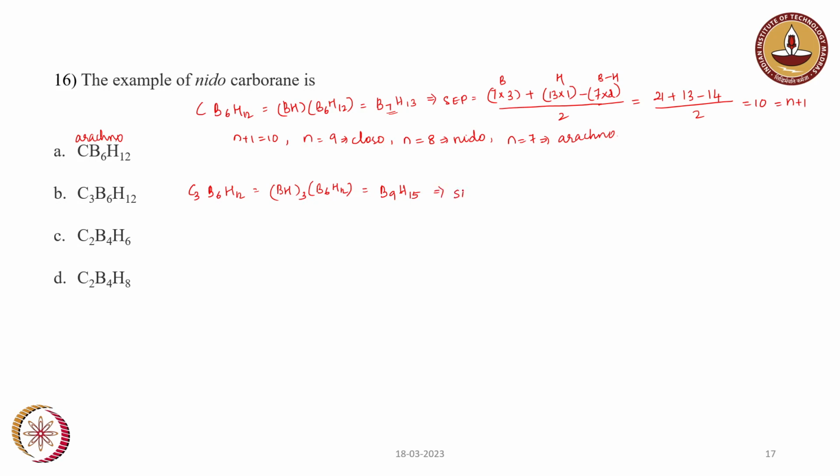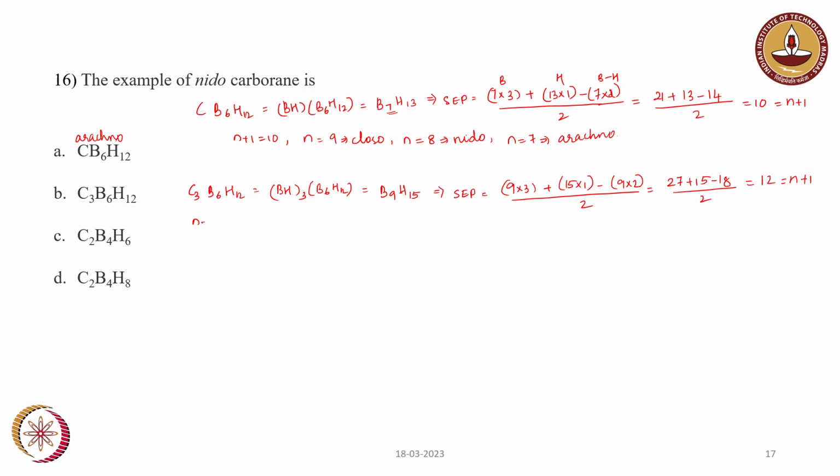So SEP will be 9 into 3 plus 15 into 1 minus 9 into 2, divided by 2. So 27 plus 15 minus 18, divided by 2, which is equal to 12.